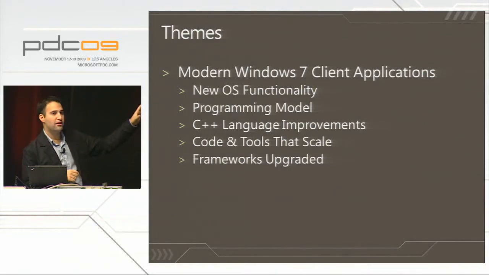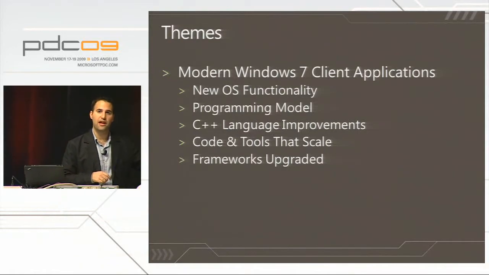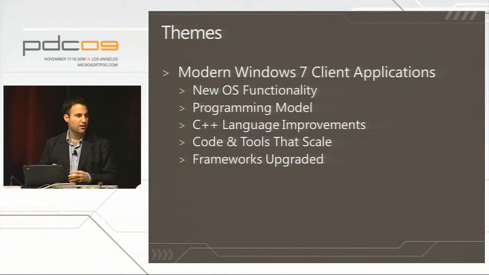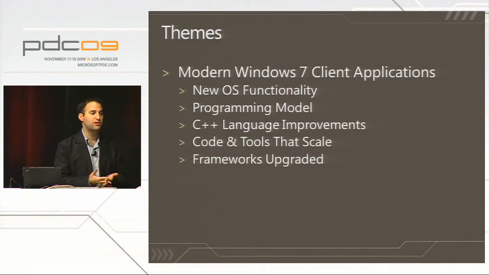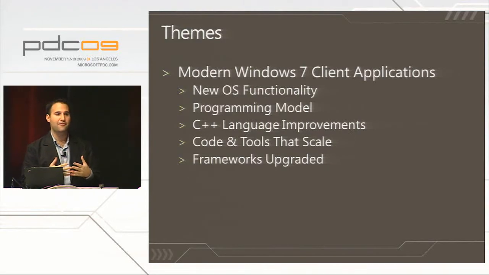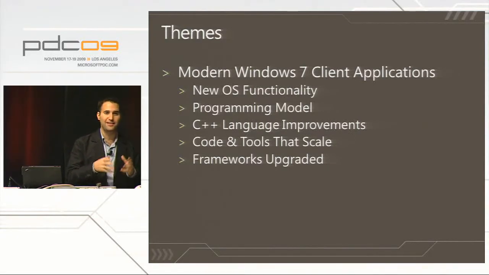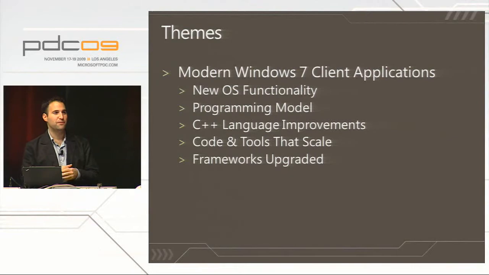The ideas are what the OS brings to you and how that's exposed to you as a developer, new programming models that are unlocked through the latest innovations in the C++ language. We finally have some innovations, right? C++ 0x, the standard that we've been waiting for years, is so close to being done.